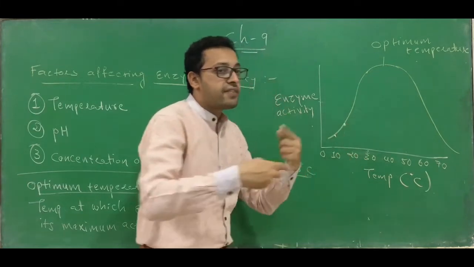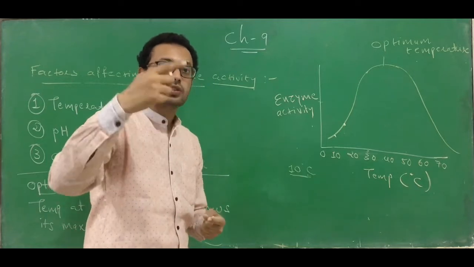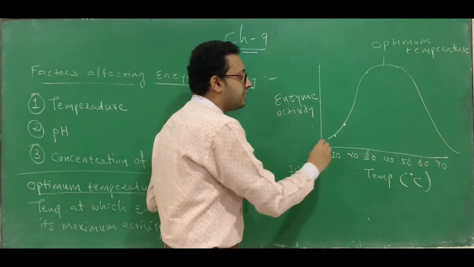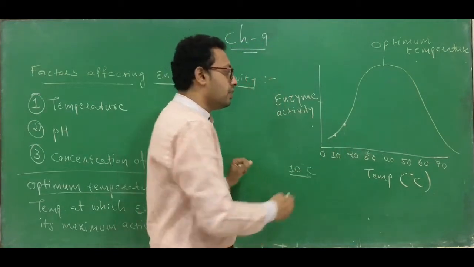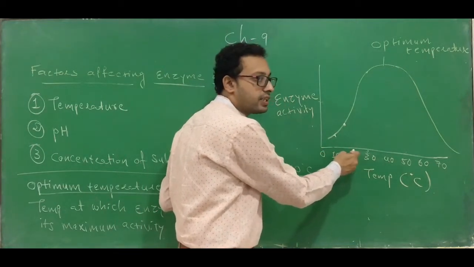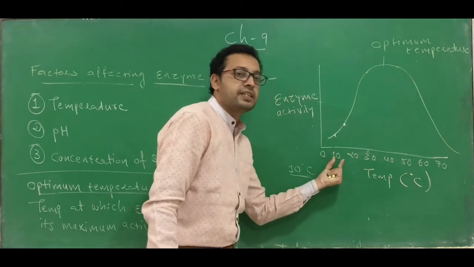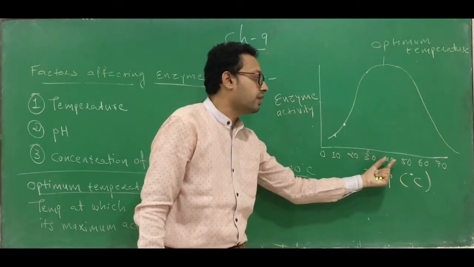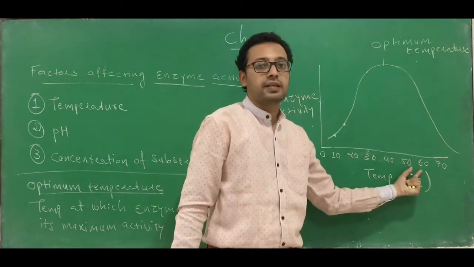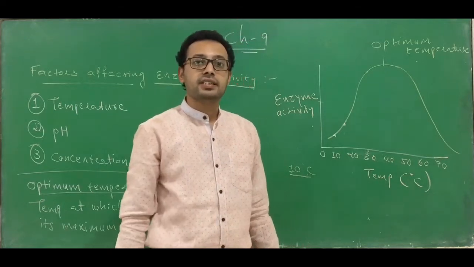So at every 10 degrees Celsius rise, the activity of the enzyme usually gets doubled. So from 10 to 20, at 20 degrees Celsius, the activity of the enzyme is double the activity which occurs at 10 degrees. The same happens with 30, the same happens with 40. But when it goes beyond 50, the activity decreases to half. The activity decreases to half.